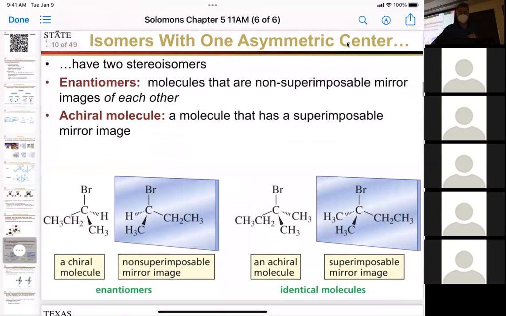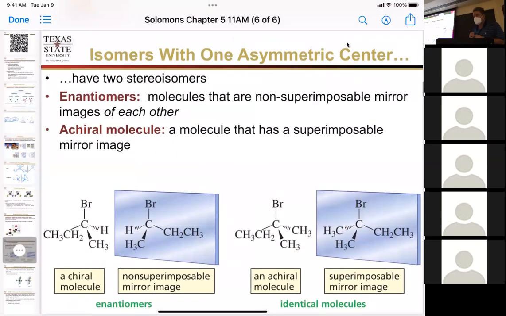So let's talk about the other isomer. When we have stereoisomers, we're going to have one of them, and then we can draw a mirror image of it, and that's the other one. These two make up a pair of stereoisomers because they're identical except for that difference, that non-superimposable isomer.